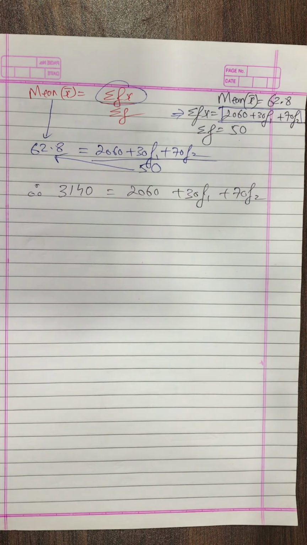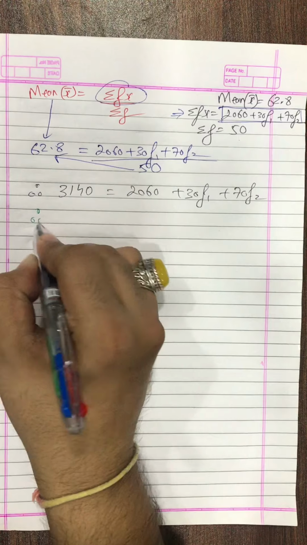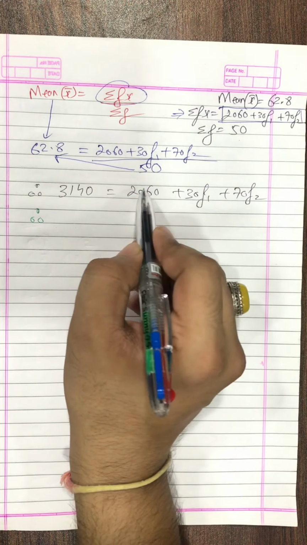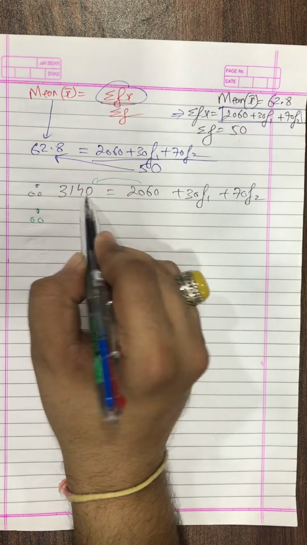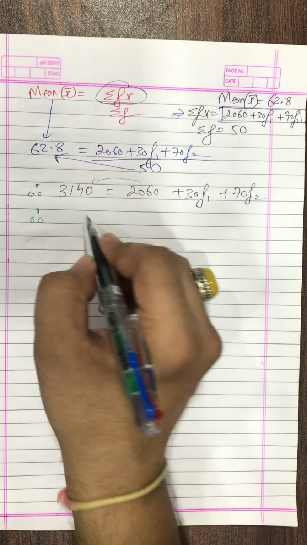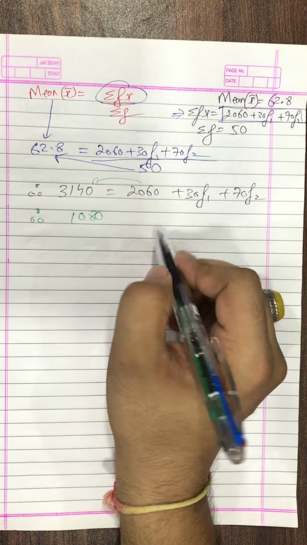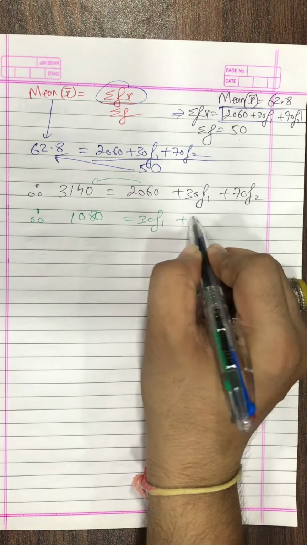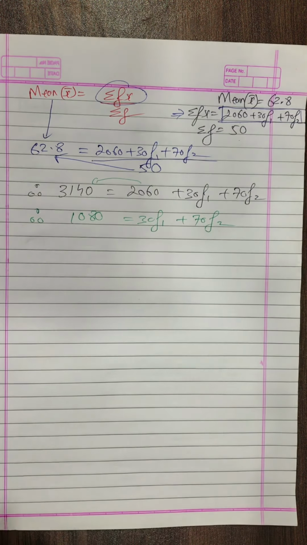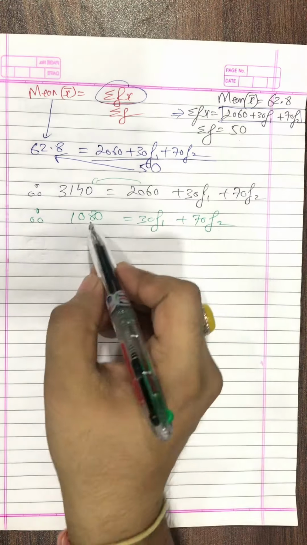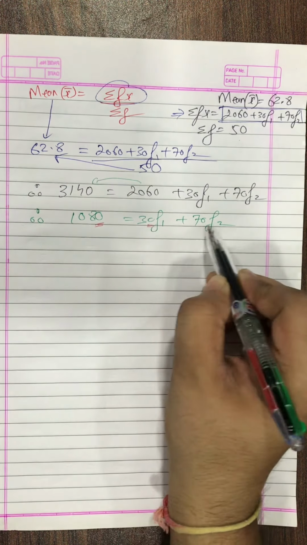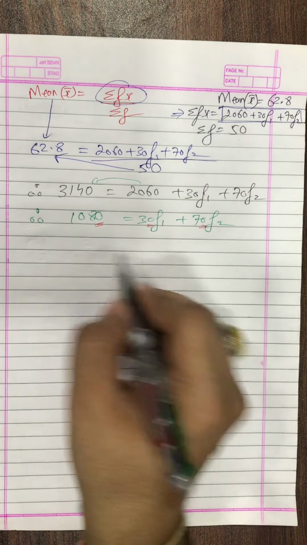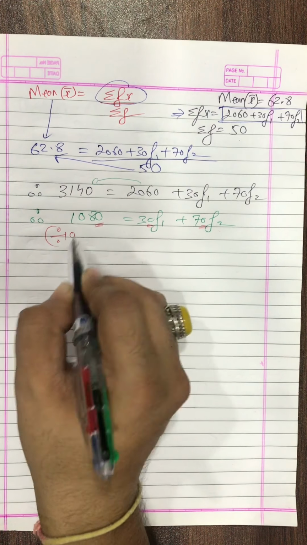Okay, now the next step will be, I'll bring this 2060 on the left hand side. So 3140 minus 2060 will be 1080, is equal to 30 f1 plus 70 f2. Now I can see that I have 0, 0, 0 over here, so I am dividing the equation by 10.